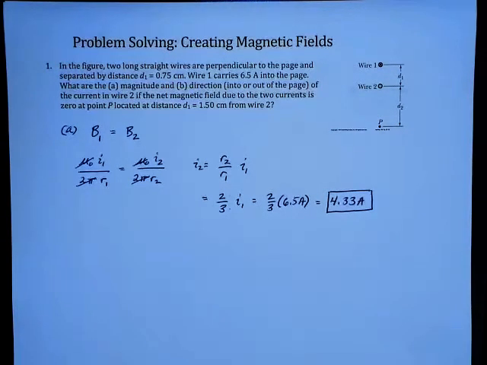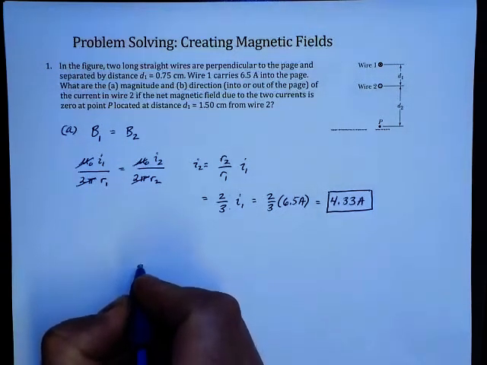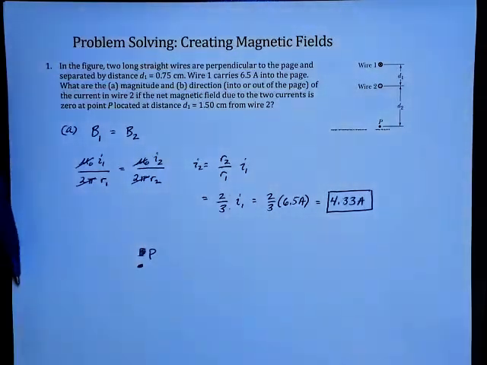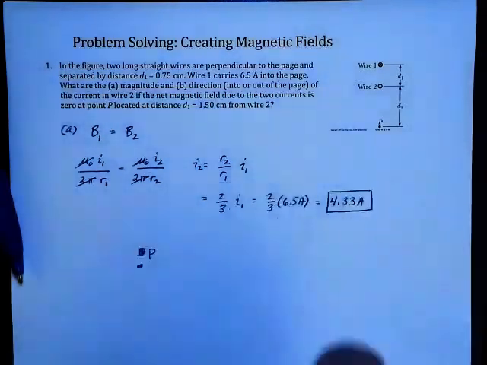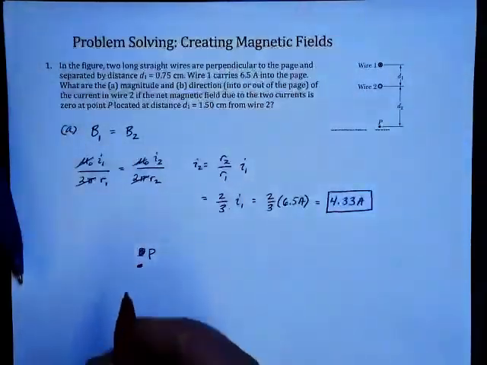What does the direction of the current need to be? Well, if you are at point P right here, and you get a magnetic field from wire 1, the current's going down into the page, so if I orient my thumb down into the page, my fingers curl around in a clockwise direction.